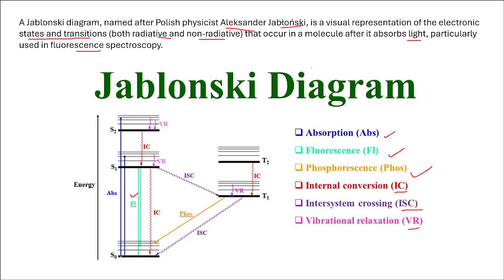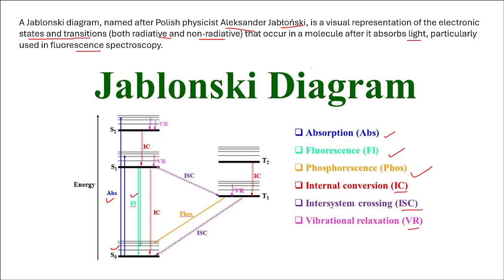We observe absorbance whenever it gets excited from the ground state, that is the S naught state, to either S1 or S2. Whenever the molecule comes back to the ground state from the S1 state, we observe fluorescence.